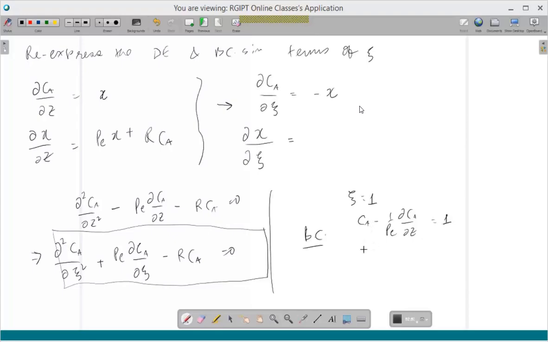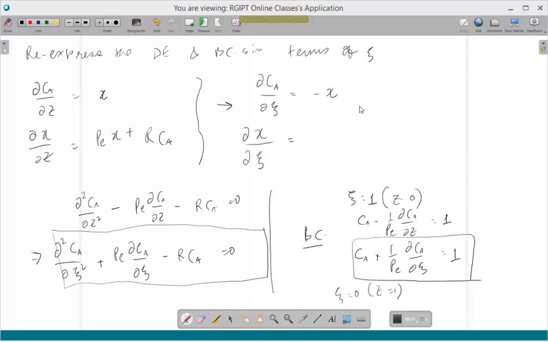In terms of zeta, that becomes CA plus 1 by Peclet number del CA by del zeta equal to 1. This is your boundary condition at zeta equal to 1. And at zeta equal to 0, that is Z equal to 1, I have del CA by del Z equal to 0, which is the same as del CA by del zeta equal to 0.